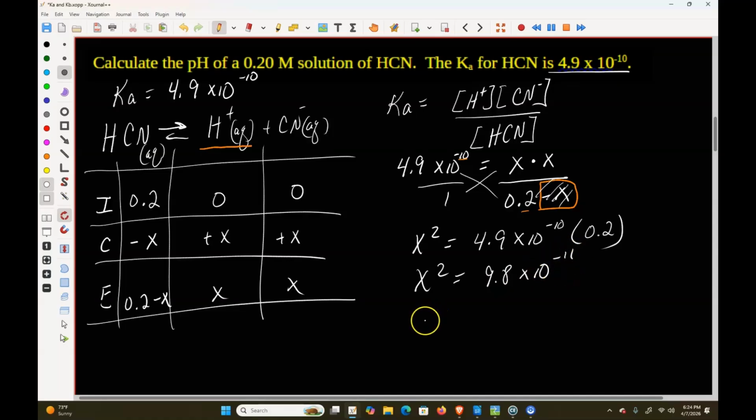Take the square root of both sides. So x is equal to 9.99 times 10 to the negative 6, which is equal to the H plus concentration.